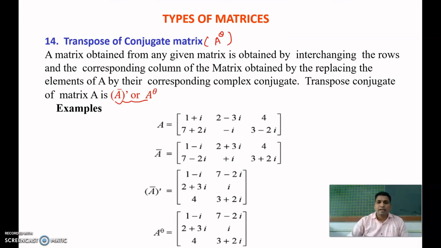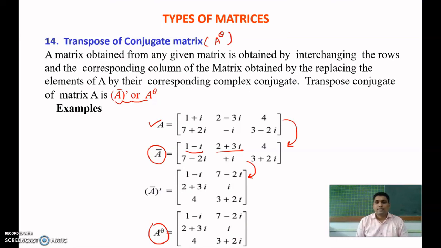Suppose we are given any matrix A. First of all, we find its conjugate: 1 plus i becomes 1 minus i, 2 minus 3i becomes 2 plus 3i. Then we find its transpose by interchanging rows and columns. The obtained matrix is the transpose of the conjugate matrix of the given matrix.